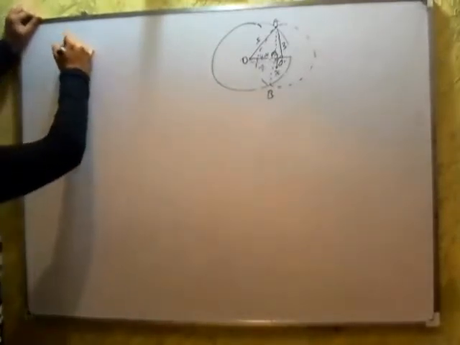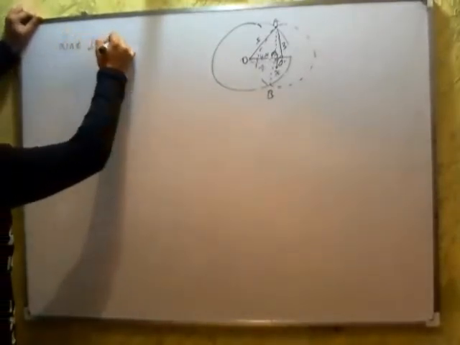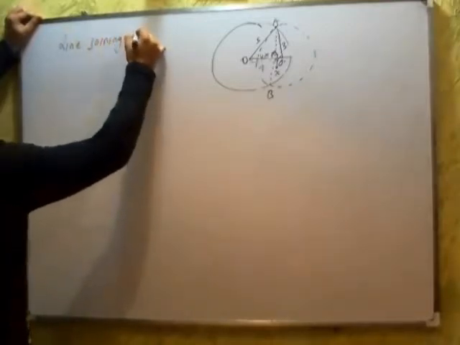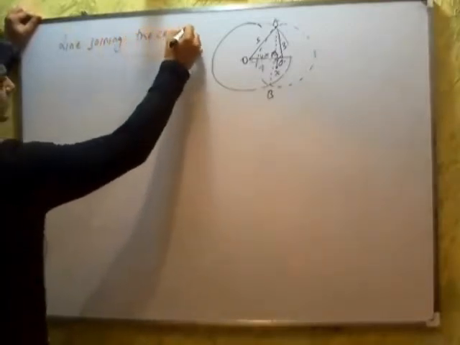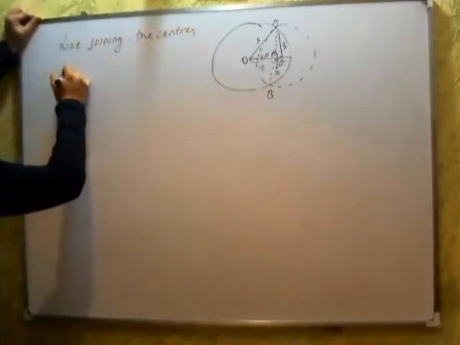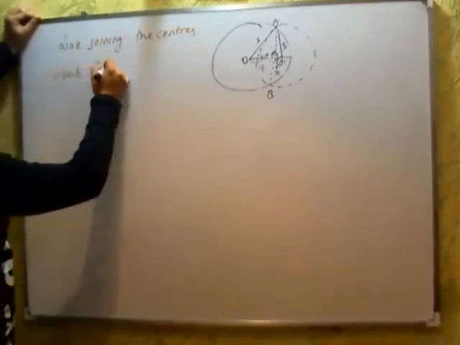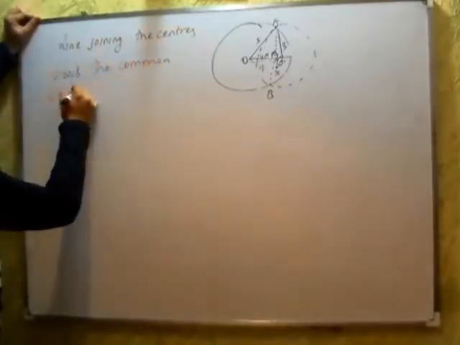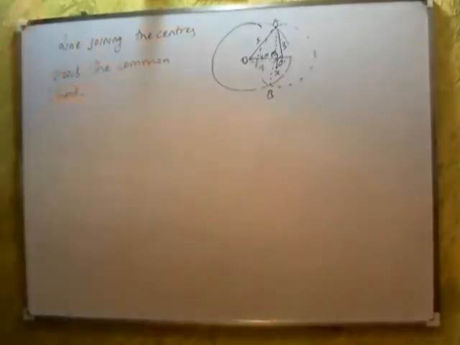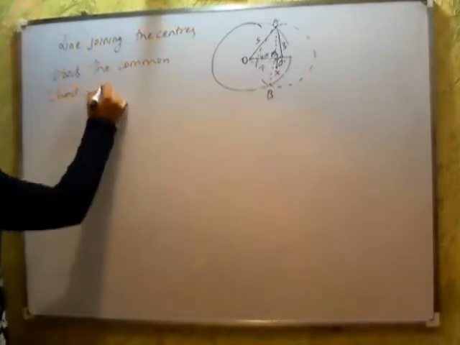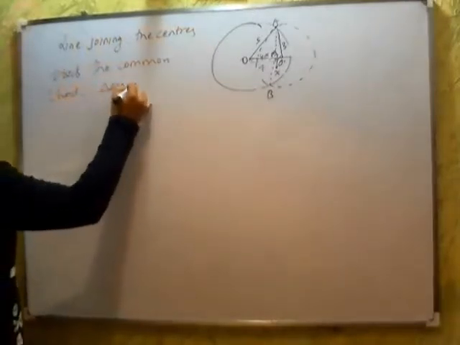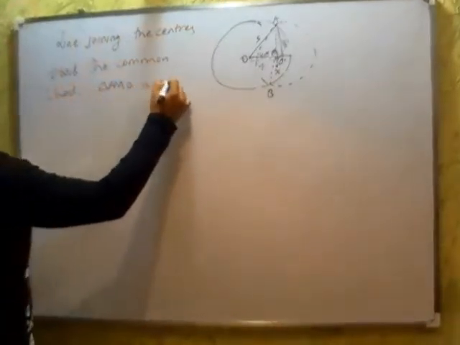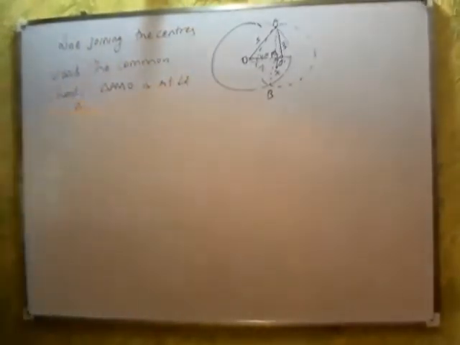We know that the line joining the centers bisects the common chord. Therefore, we can say that triangle AMO is a right angled triangle.